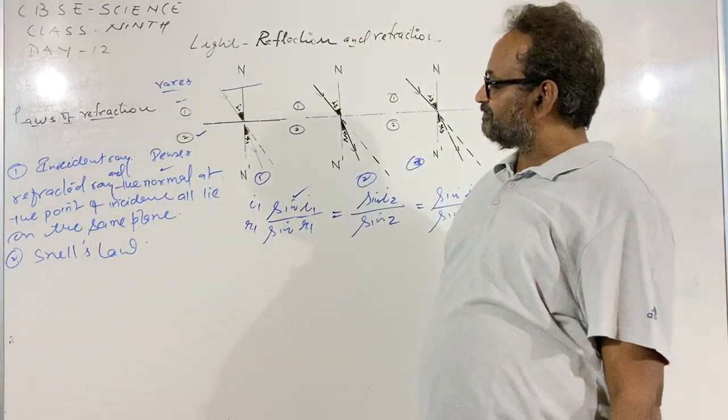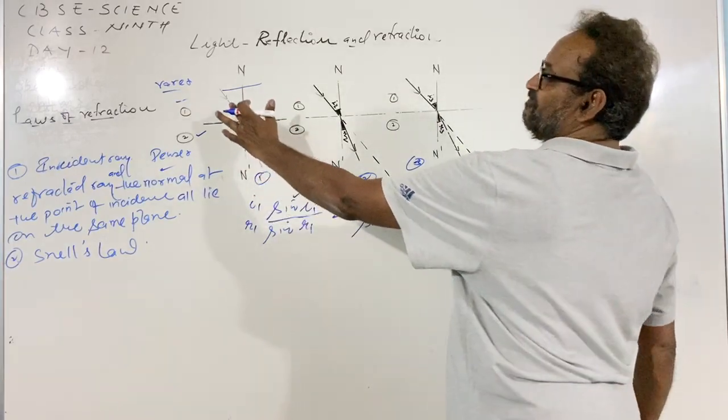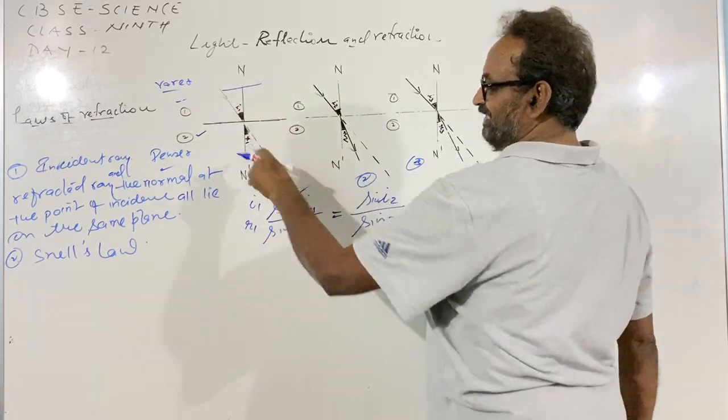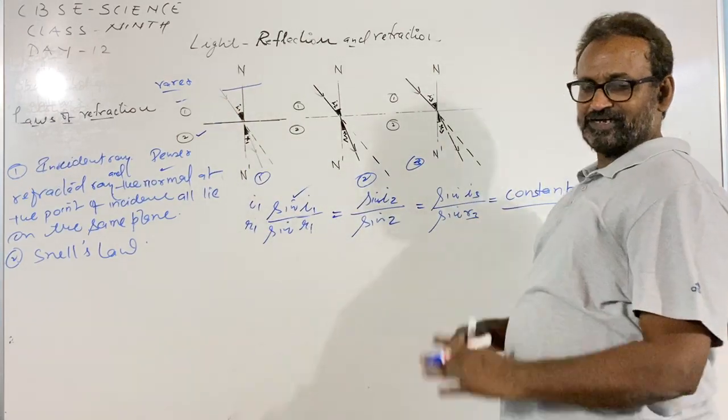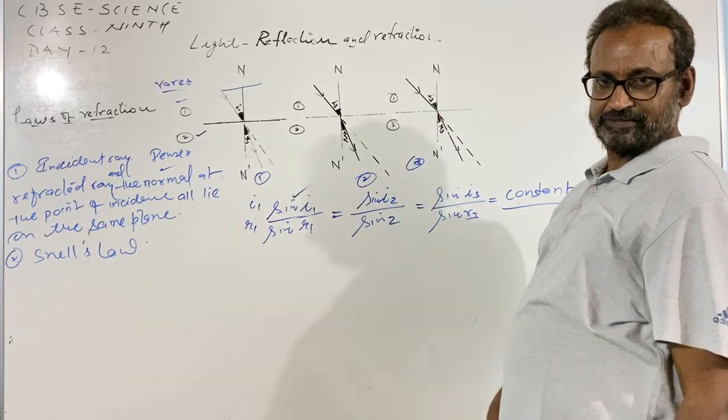So let us make a statement. For a given pair of media, for a given color of light, these two factors are constant. Given color of light or wavelength of the light.